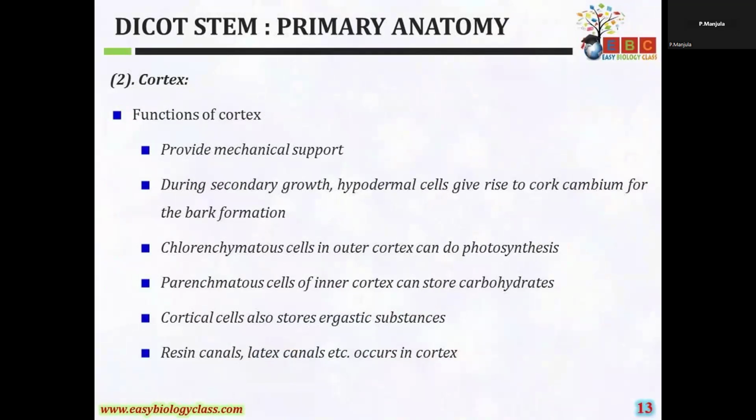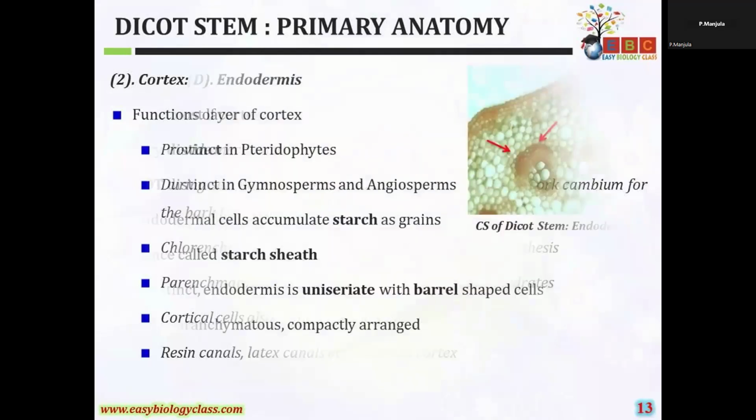Chlorenchymatous cells in the outer cortex do photosynthesis, and parenchymatous cells of the inner cortex mainly help in the storage of carbohydrates. The cells of the cortex, called cortical cells, also store ergastic substances. Resin canals and latex canals also occur in the cortex.